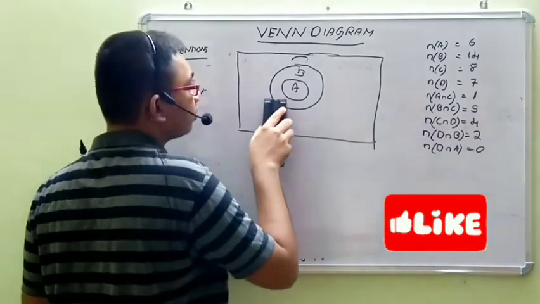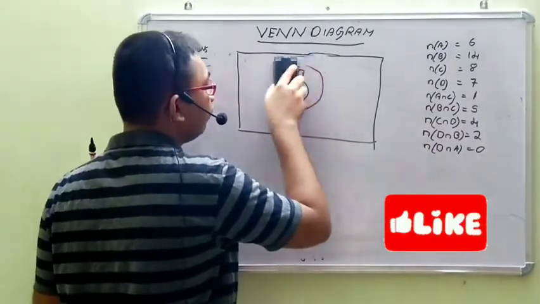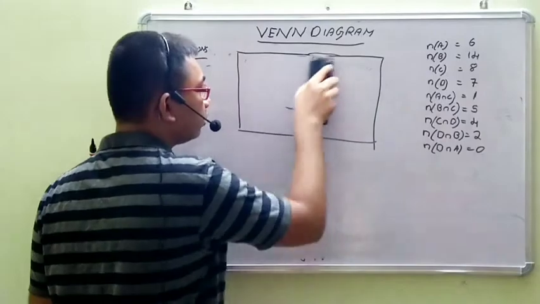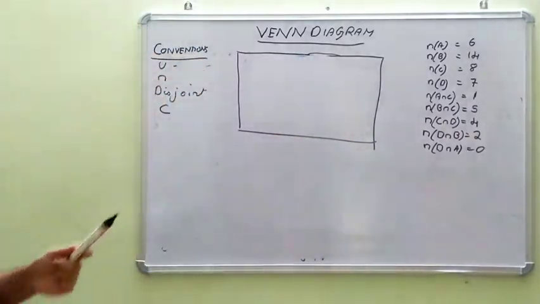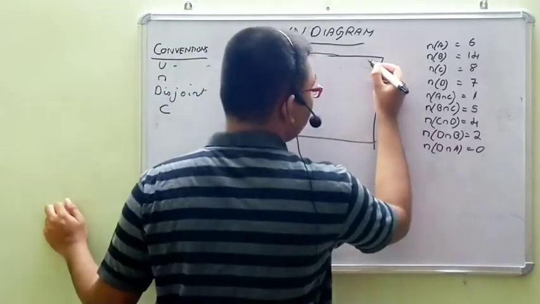Now we have already seen how to write elements in the Venn diagram, so we will discuss this question here. Let U be the universal set.